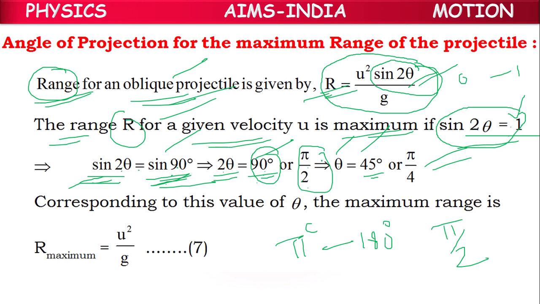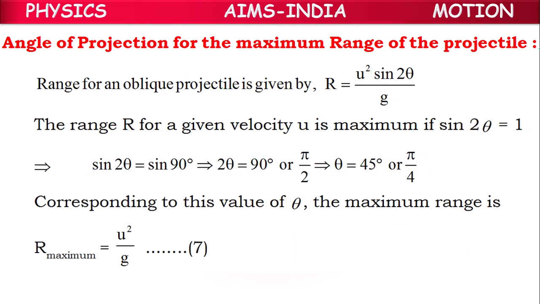The range will be maximum when sine 2 theta equals 1. This will be 1 when the angle is 45 degrees or pi by 4 radians. Means the range will be maximum for an angle of projection of 45 degrees or pi by 4.